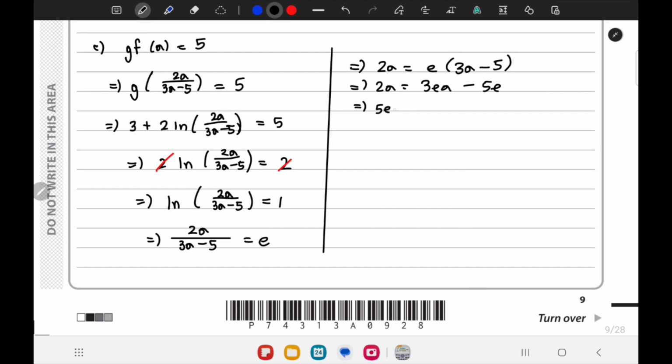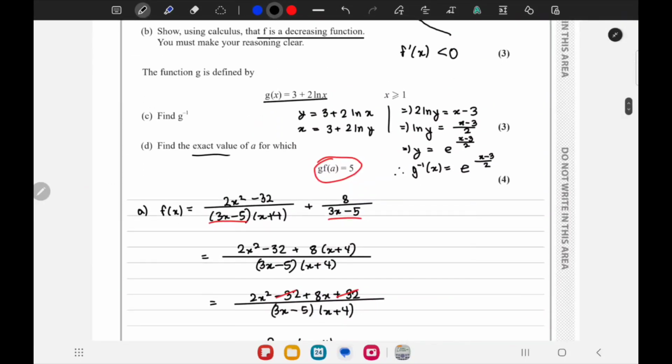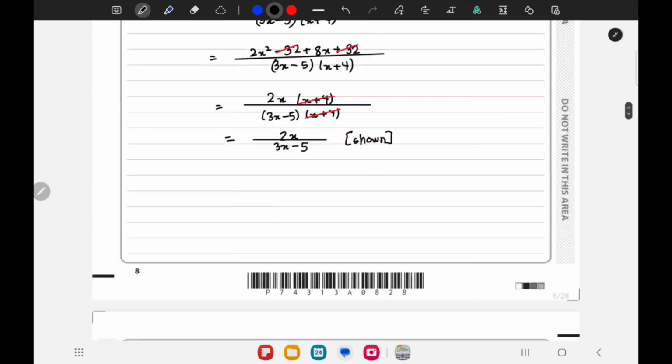We'll get 5e on this side and 3ea minus 2a, so 5e would be a times (3e minus 2). Now we can find a, which would be 5e divided by (3e minus 2). And we needed the exact value, so we don't have to find an approximation for this.